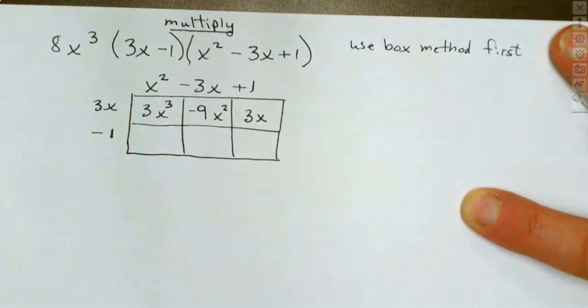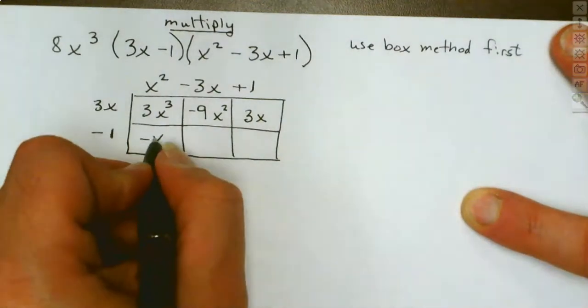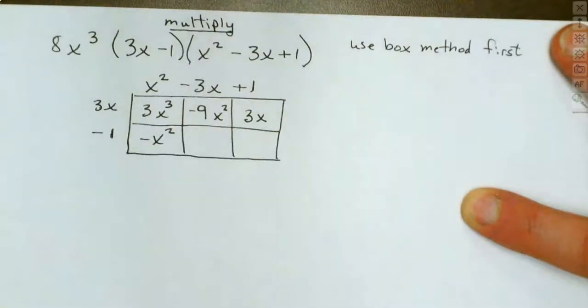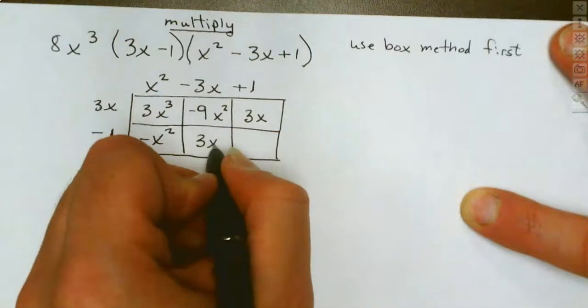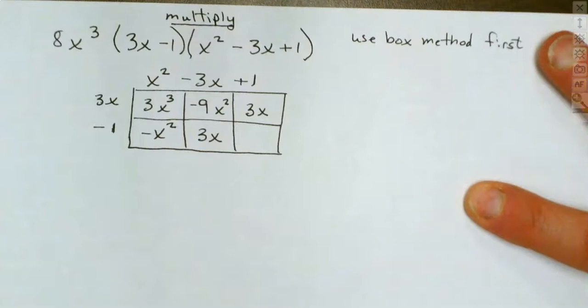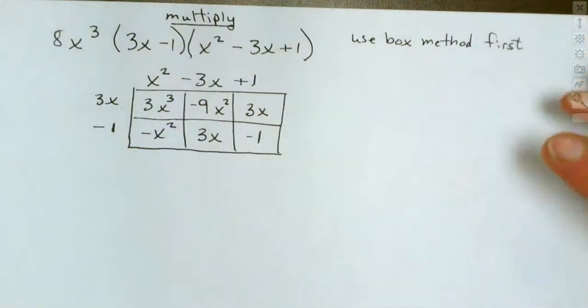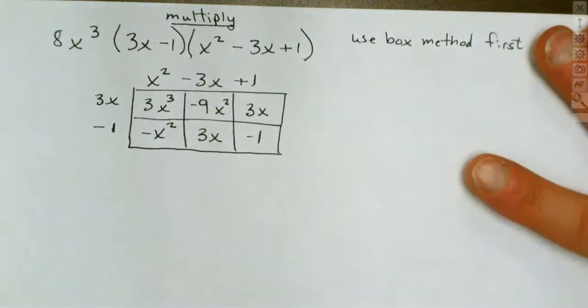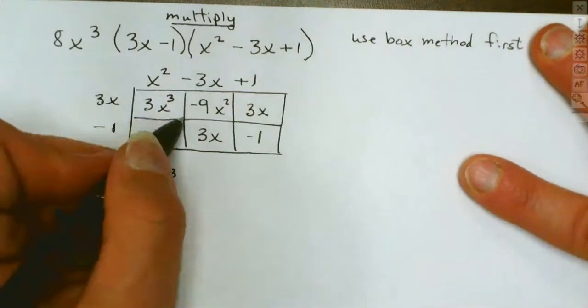And what do we have on the next row? Well, negative 1 times x squared, minus x squared. Negative 1 times negative 3x makes it a positive 3x there. Negative 1 times positive 1 makes it a negative 1. Combine. 3x cubed. It's gone.